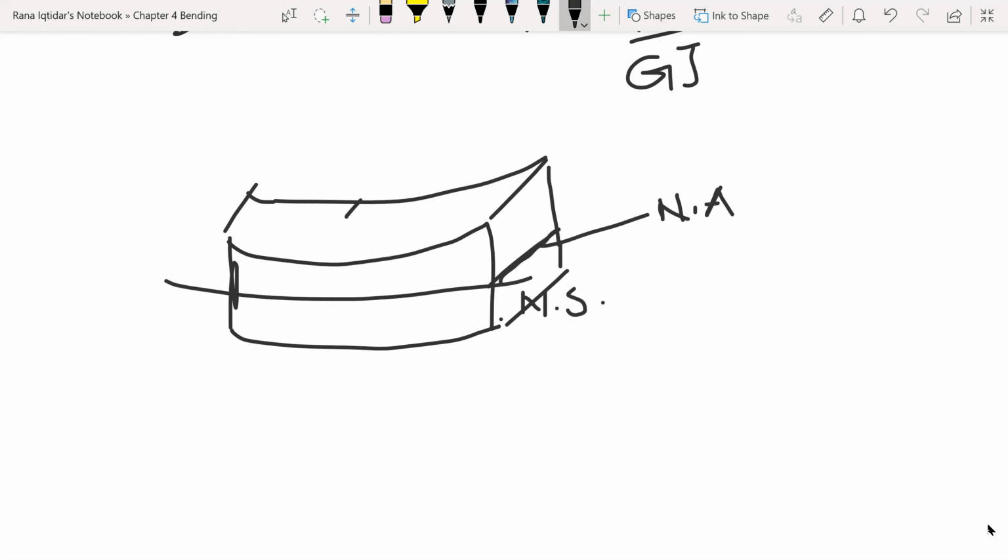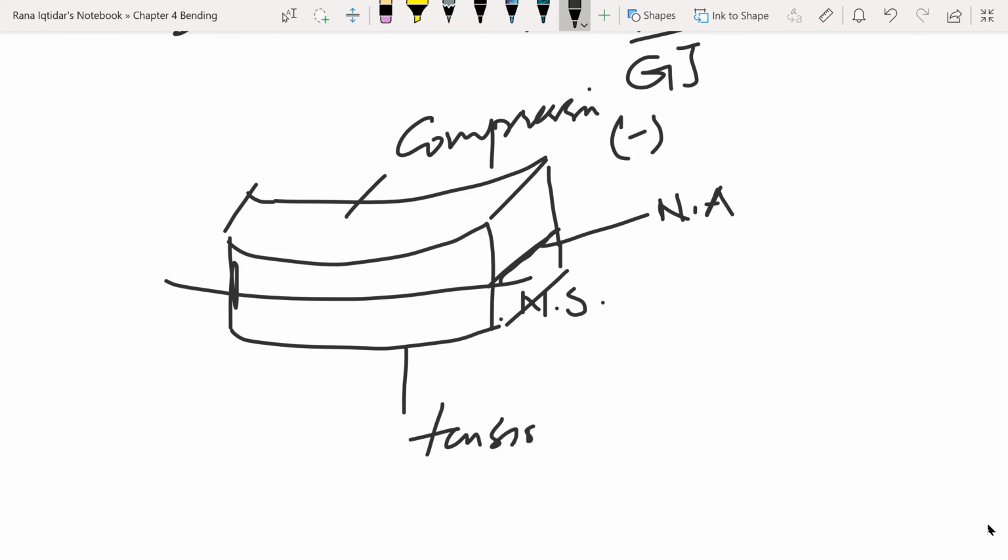This part is under compression, so negative, and this is under tension, so positive. So moving from negative to positive, there will be some surface, the neutral surface, where the normal stresses will be zero.